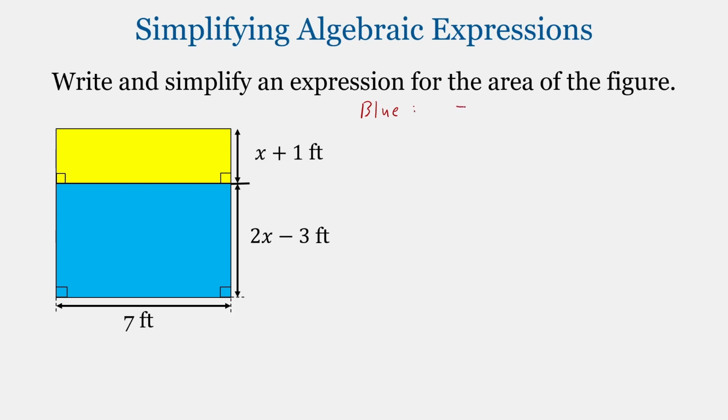So the length is 7 feet, and the width is 2x minus 3. So there we have an expression for the area of the blue box. For the yellow box, again, its length is also still 7 feet, and its width is x plus 1.